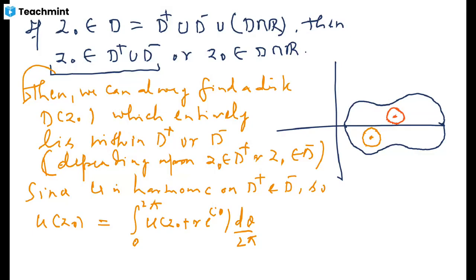So now let's look at the situation where we have this z. Next, let us take z naught in this segment, in this part.